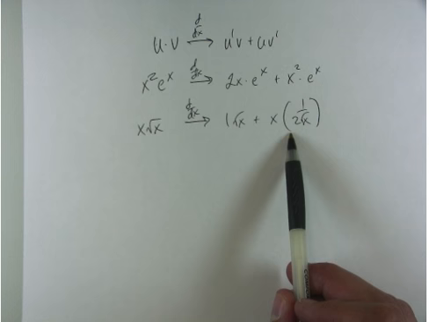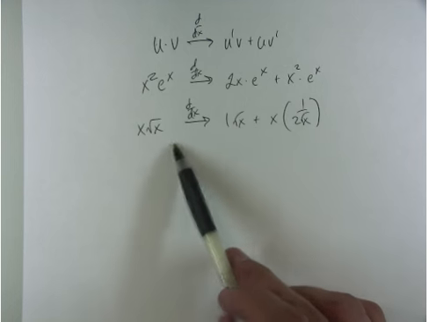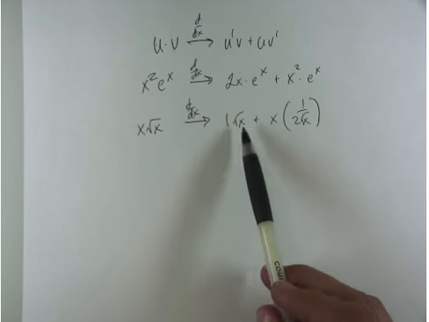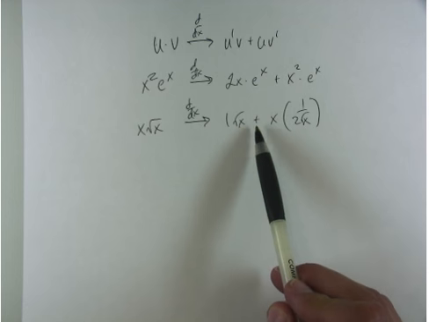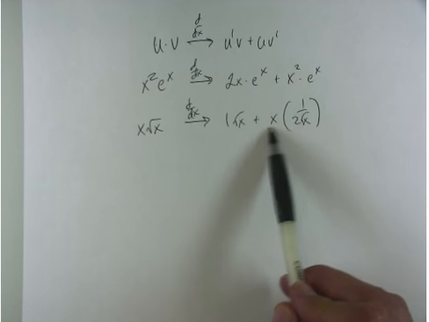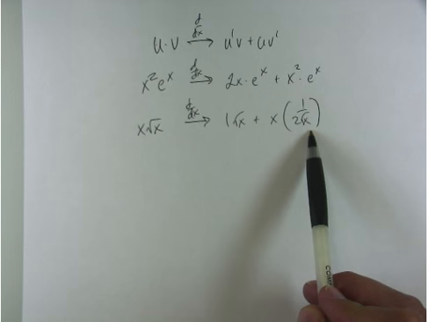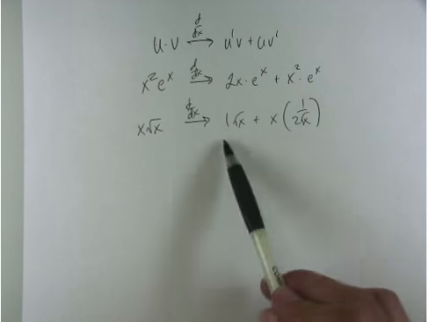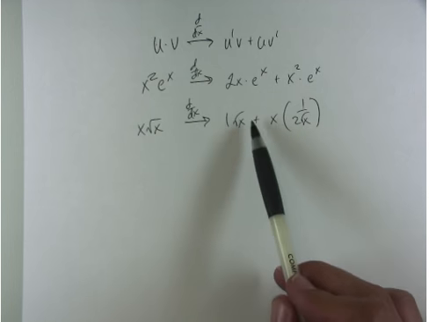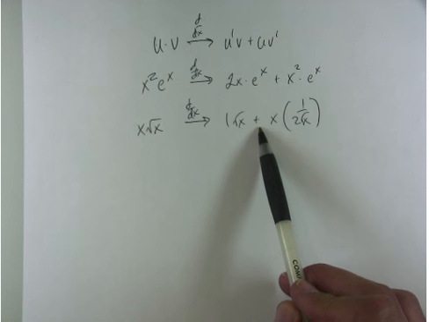And this just follows the product rule. The derivative of the first factor is 1, and the second factor gets left alone, plus the first factor gets left alone, and I take the derivative of the second factor. Each factor has its turn having its derivative taken, and then I add up the results.